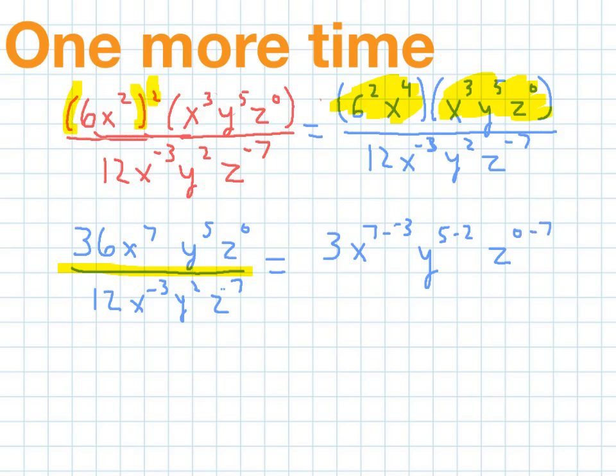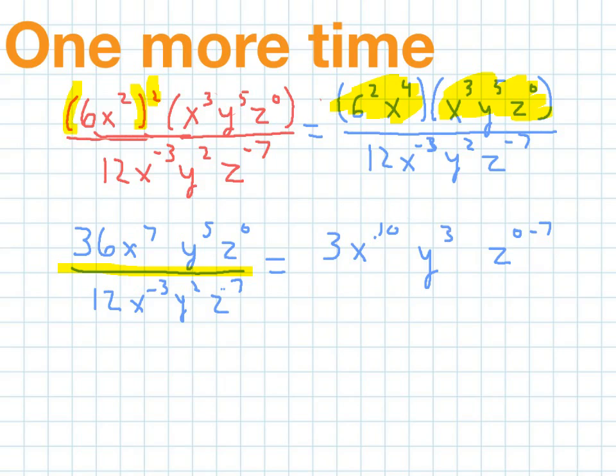Again, think about what you can change things to. 7 minus a negative 3 becomes 10. 5 minus 2 becomes 3. And 0, I'm sorry, let me change that one.